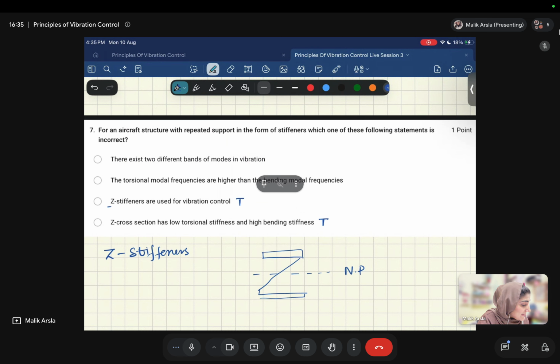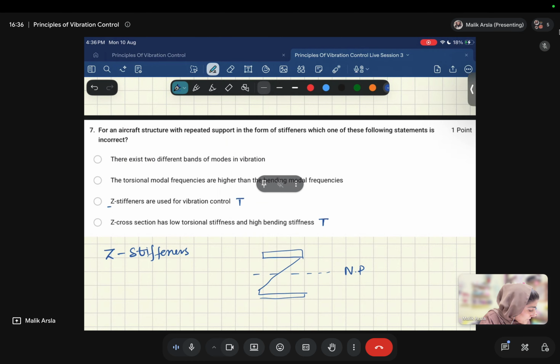Now since the torsional stiffness is low, the torsional modal frequency should also be low, and the bending stiffness is high, so the bending modal frequency should also be high.